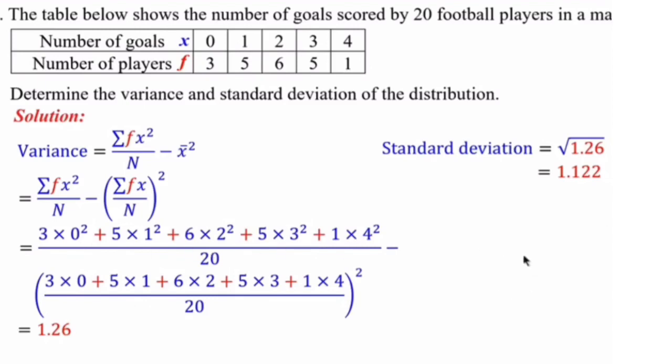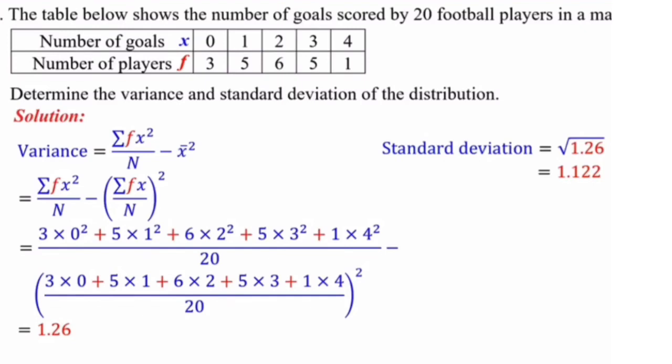You want to find the variance and standard deviation. Step 1 is you write the formula: sum of fx squared over n minus mean square. So remember, you have to take the frequency times x squared over n, minus sum of fx over n, squared. The n is the total frequency.